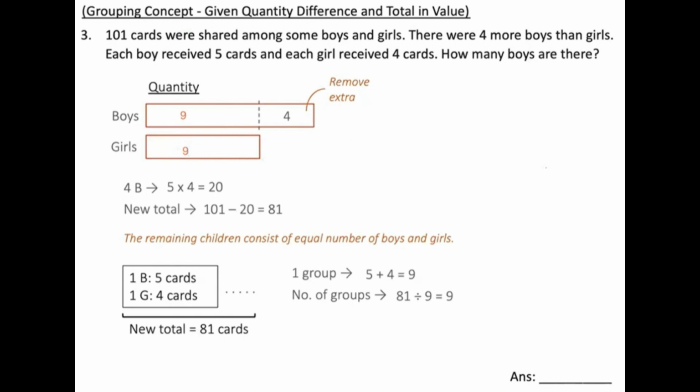Now, how many boys are there? 9 plus 4. Teacher, 13. If you answer 9, then that is the number of girls. A lot of people get 9, but that is the number of girls. The question is just asking for boys. Actually, I put 9 because I thought the question was asking for the number of girls, but I looked wrongly.